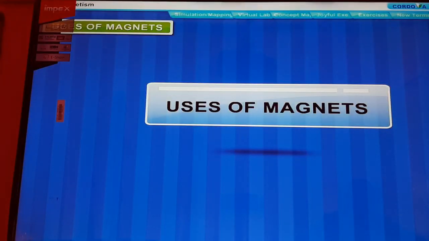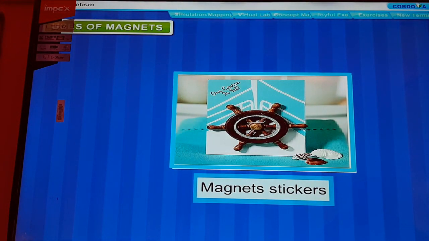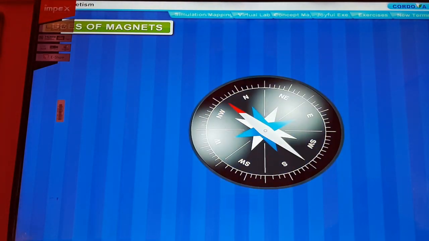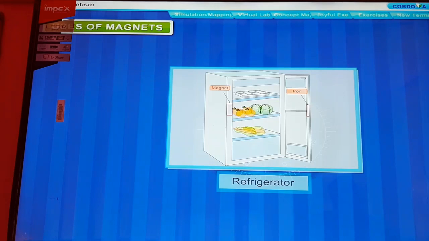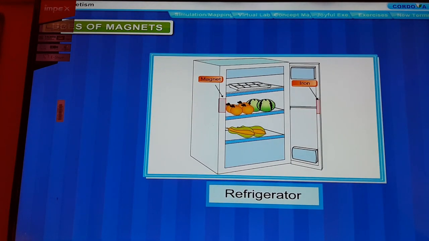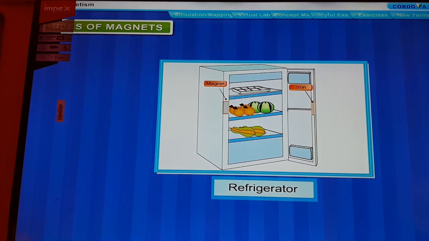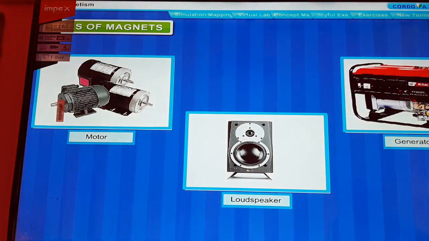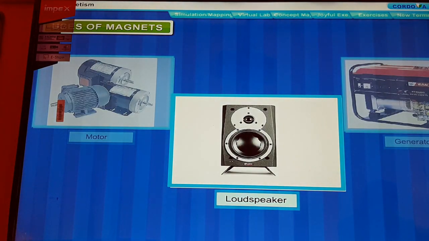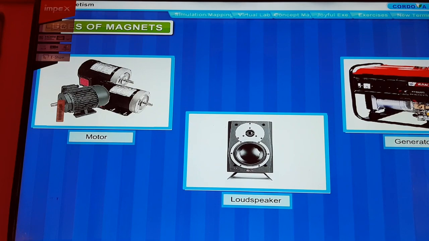Uses of magnets. Magnets are used in magnetic toys and stickers. The needle of the compass is used to find direction. The door of a refrigerator has a weak magnetic strip all around to ensure that it remains firmly shut. Motors, generators and loudspeakers have powerful magnets.